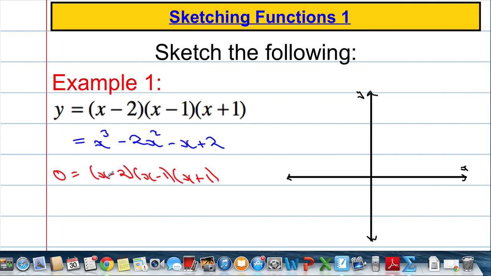Well, if x was 2, this part would be 0. So when x equals 2, y equals 0. When x equals 1, y will also equal 0. And when x equals negative 1, y will equal 0.